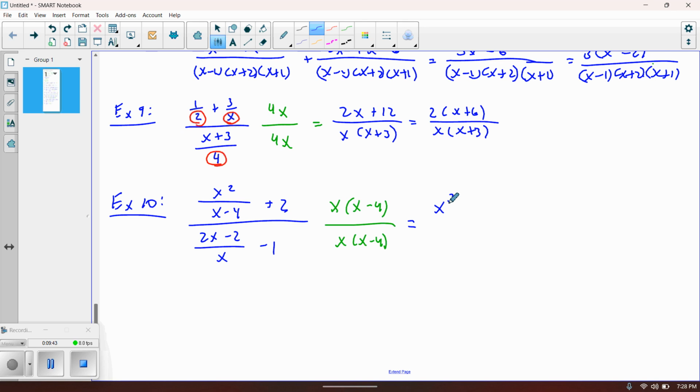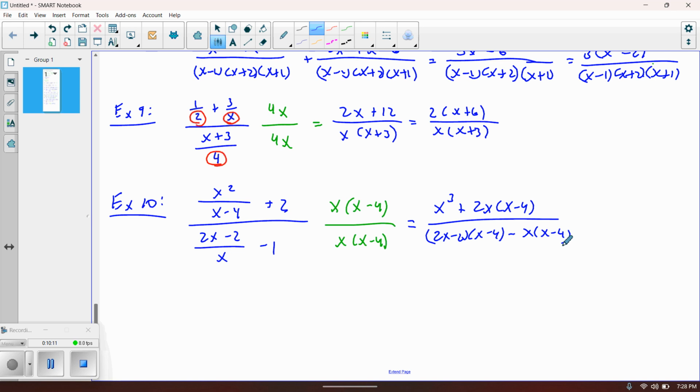Multiplying the 2 times the x times x minus 4 will give you a 2x times x minus 4. On the denominator, multiplying the x minus 4 times the 2x minus 2 over x, the x's will go away, and that will leave you with 2x minus 2 times an x minus 4, and then multiplying that by the minus 1 leaves you with a minus x times x minus 4.